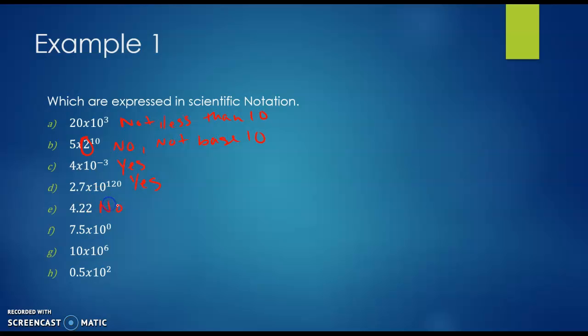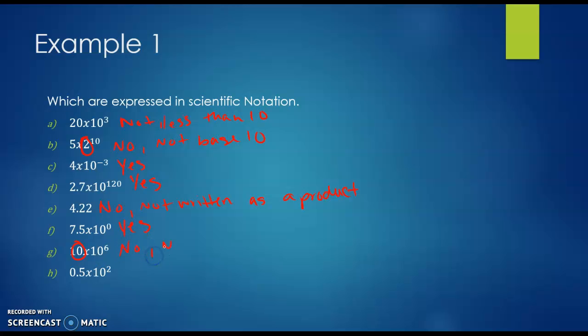E is no. It's not written as a product. All right, 7.5 times 10 to the 0, even though that's to the 0, this is still in scientific notation. 10 times 10 to the 6. Nope, this one's going to get us because it is, again, not less than 10.